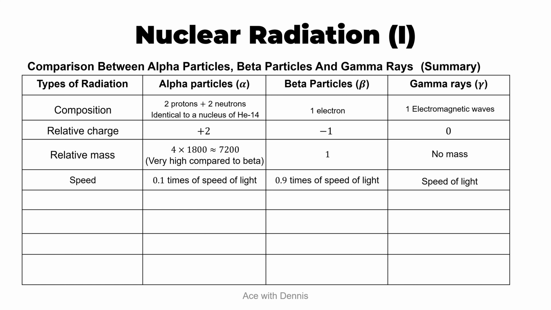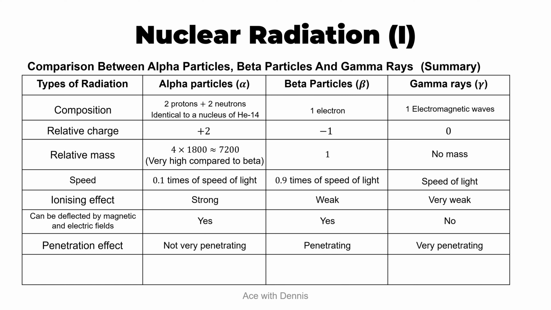Ionizing effect for alpha particles is strong, beta particles is weak, gamma rays is very weak. Can be deflected by magnetic and electric fields? Alpha particle is yes, beta particles yes, gamma rays no. Penetration effect. Alpha particles are not very penetrating, beta particles are penetrating, and gamma rays are very penetrating.